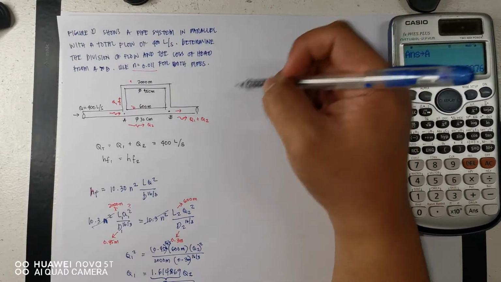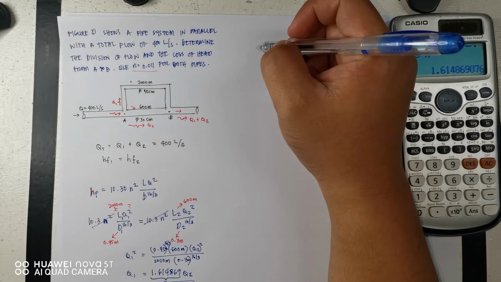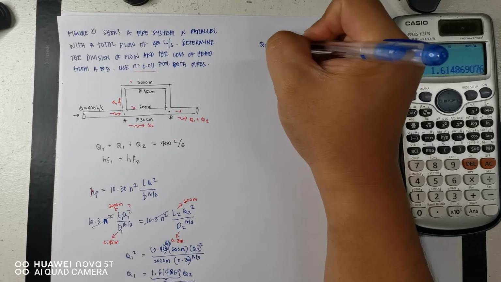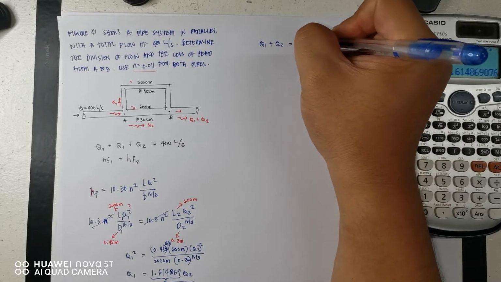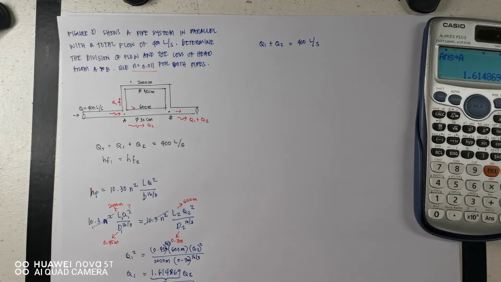So alam natin ngayon, yung isa natin equation is Q1 plus Q2 is equal to 400 liters per second. So sulat natin siya ulit.